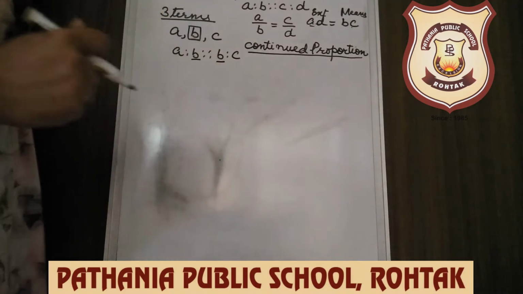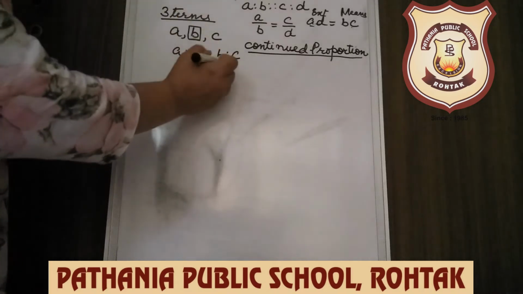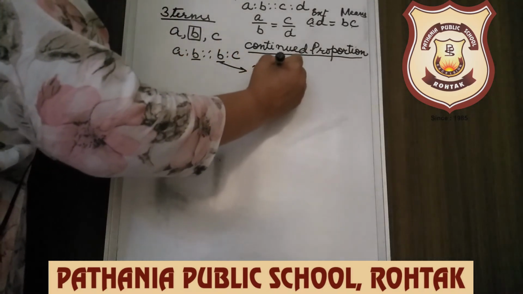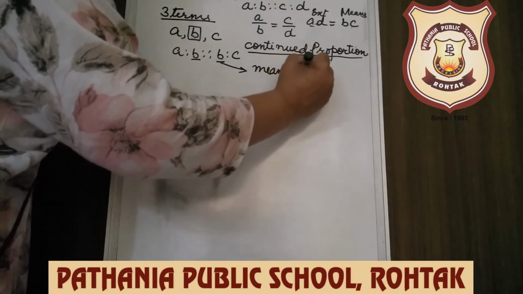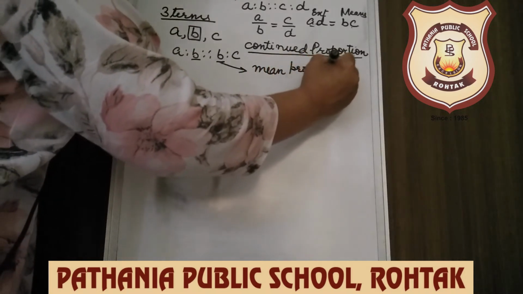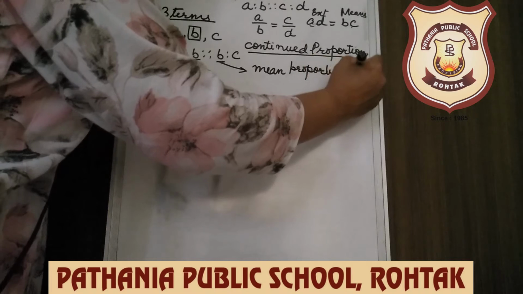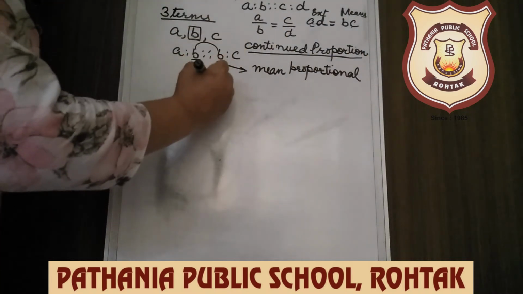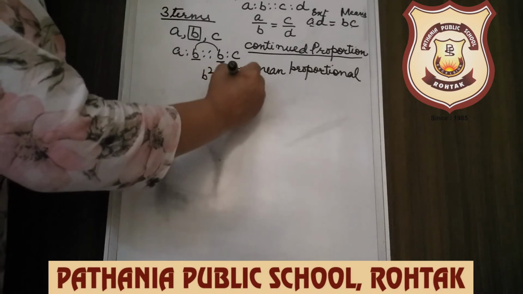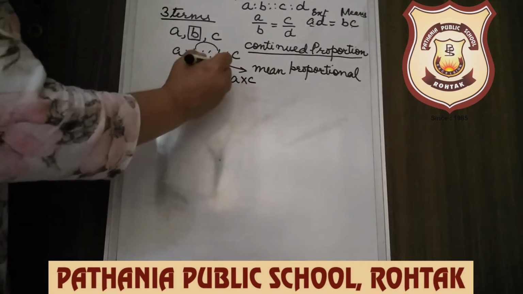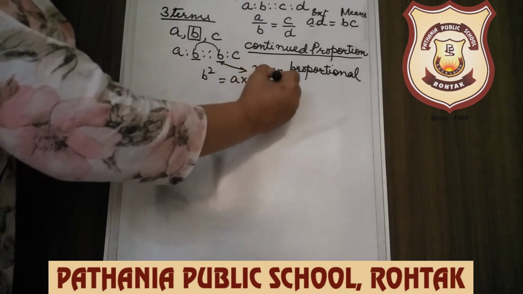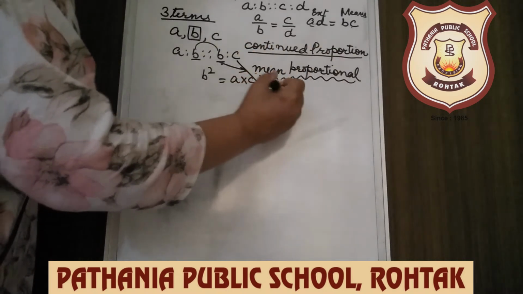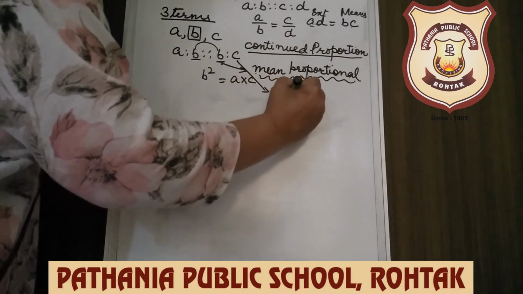So this is continued proportion, and B is called the mean proportional. Product of means, that is B square, is equal to A into C, and B is the mean proportional and C is the third proportional.